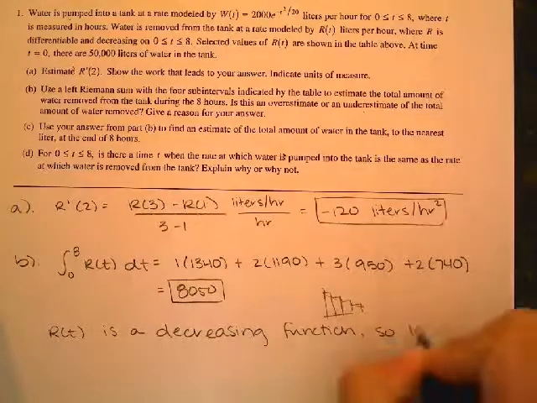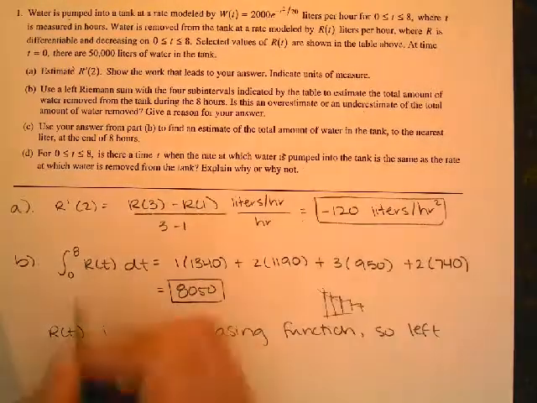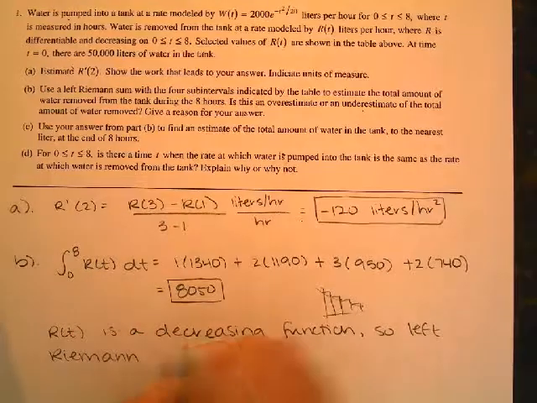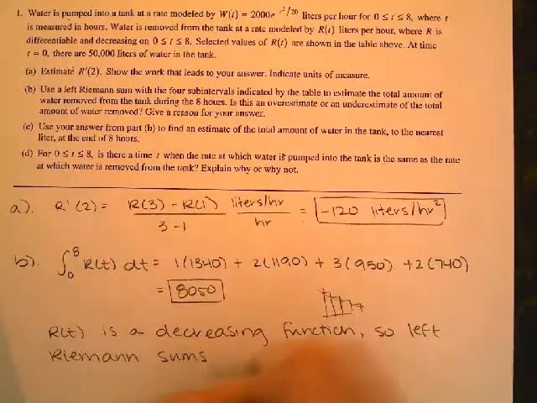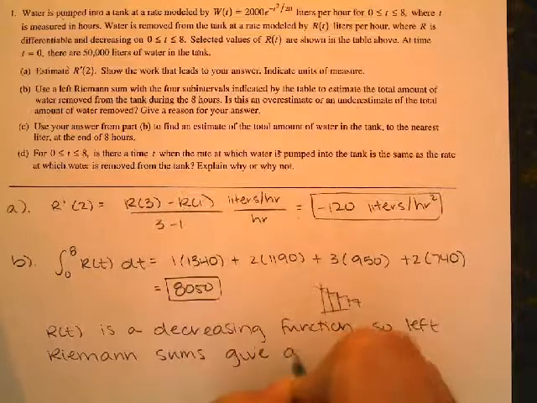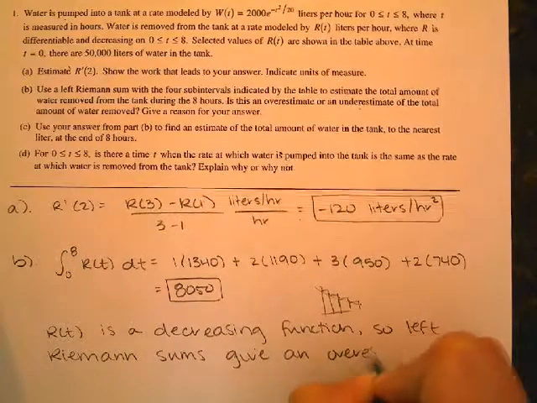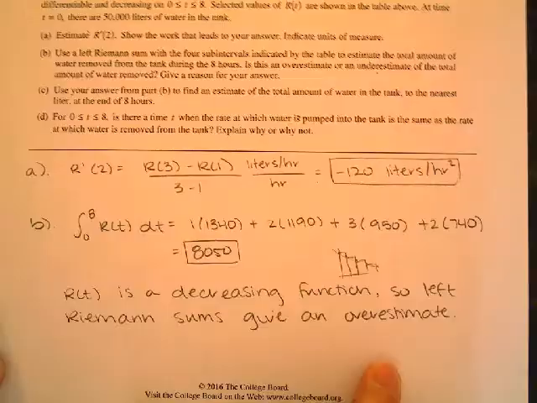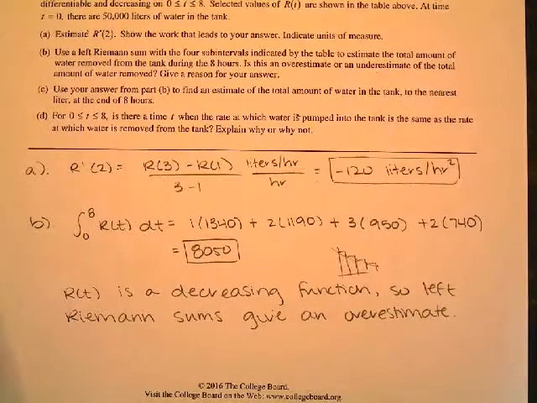So left Riemann sums give an overestimate. All right.